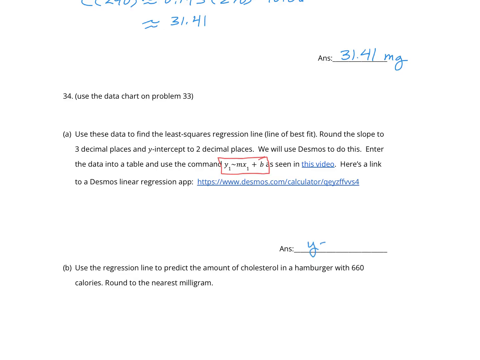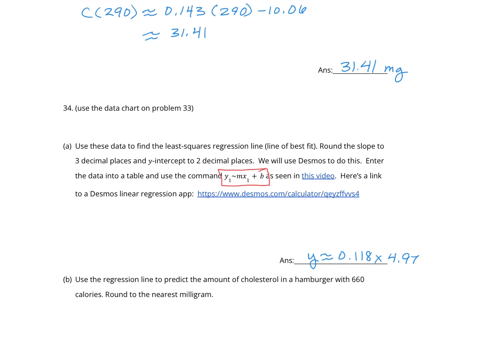It is y is approximately 0.118x plus 4.97. And you will notice if you look back on our previous problem that this is actually pretty close to what we had before. Before we had a 0.143 for our slope.